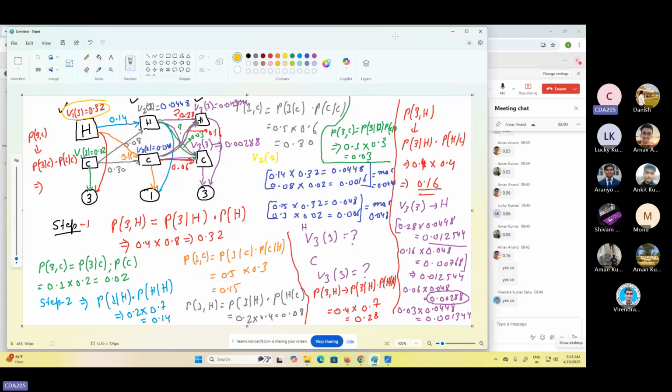So this one is higher. And on the third stage, we can say this one is higher. So our output will be, when a person eats 3 ice cream, it will be hot. When a person eats 1 ice cream, it will be cold. When a person eats 3 ice cream, it will be hot. Understood?